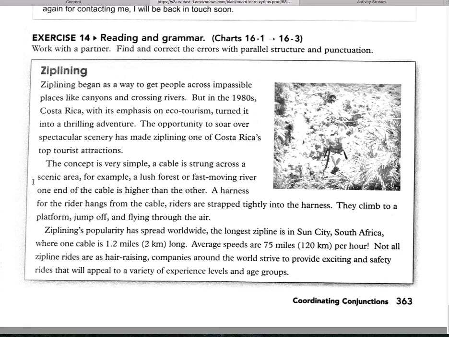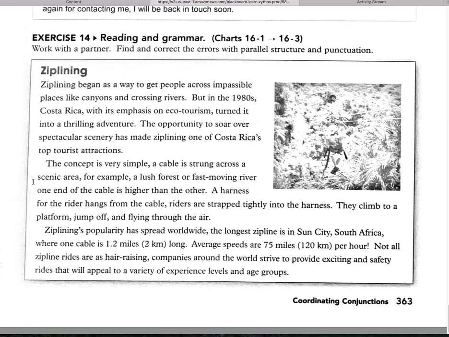Okay, here we go. Paragraph 2. The concept is very simple, period. Capital A. A cable is strung across a scenic area, comma, for example, comma, a lush forest or fast-moving river, period. Capital O. One end of the cable is higher than the other, period.